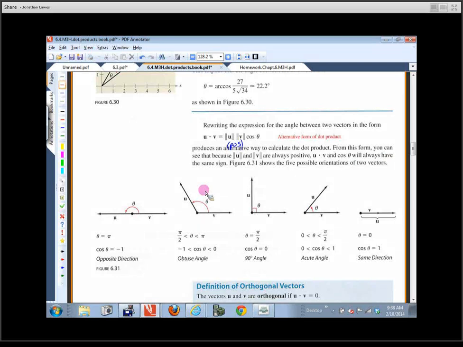So let's think about that for a second. What they're saying there is that u dot v and cosine theta will always have the same sign. Why is that true? Or maybe a better question, what does that mean in layman's terms? It's a very short sentence, but what does that mean?